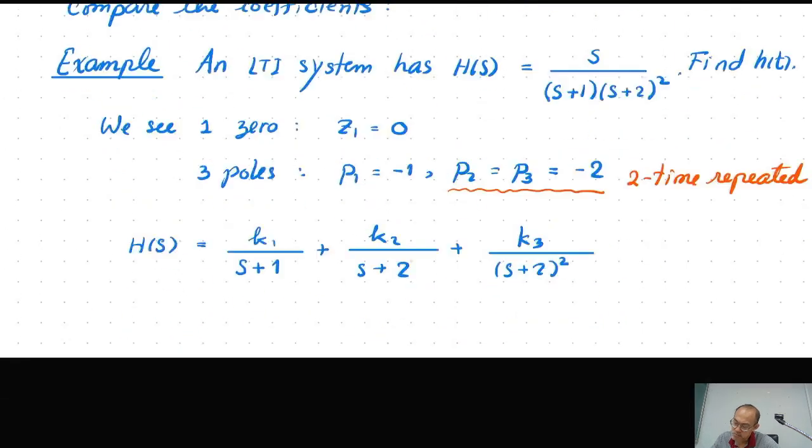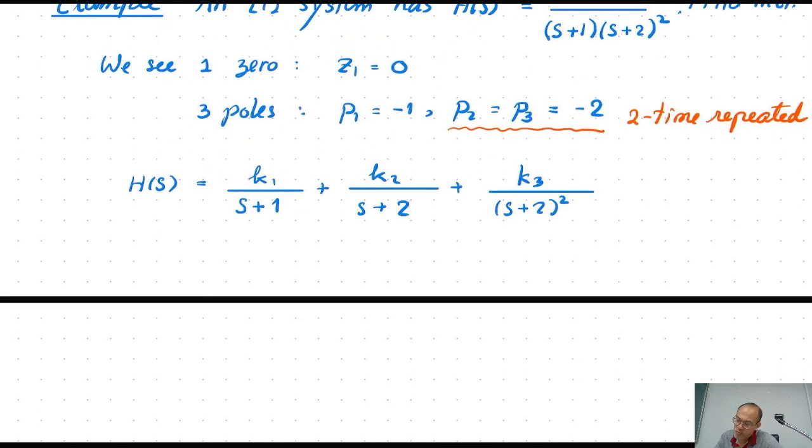And now we need to find k1, k2, and k3, right? For k1, it is straightforward because this term belongs to the non-repeated pole. So k1 would be s plus 1 times H(s), and then plug in s equal to -1.